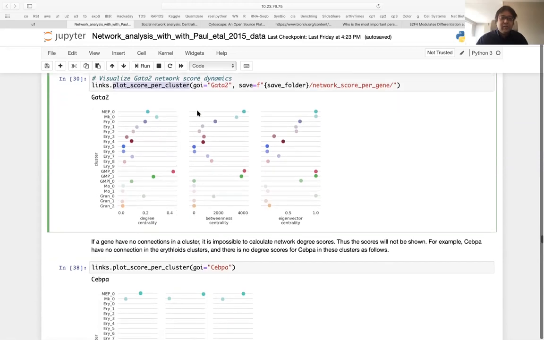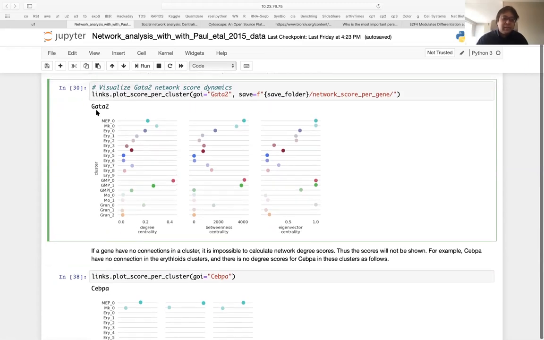So for example, in this analysis, you can visualize gene scores. Focusing on GATA2, you can visualize each score like this. GATA2 is known to play an important role in the MAP lineage.